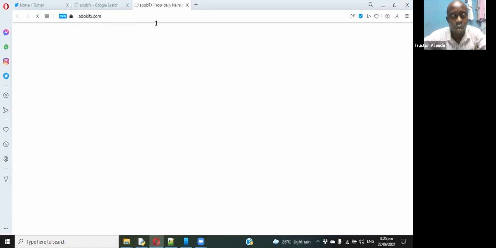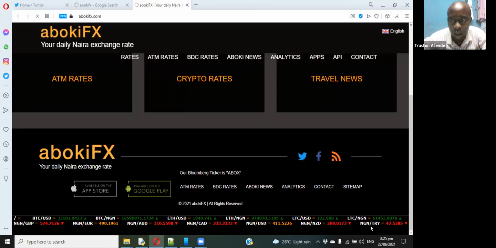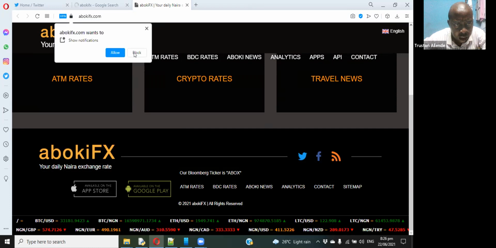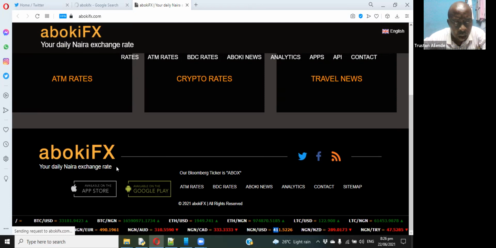Okay, the page has loaded. Somewhere at the bottom, you see it. If you look at the bottom, Naira to USD is this. Copy.